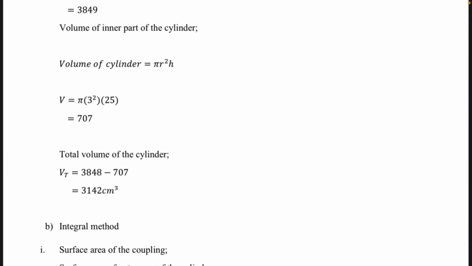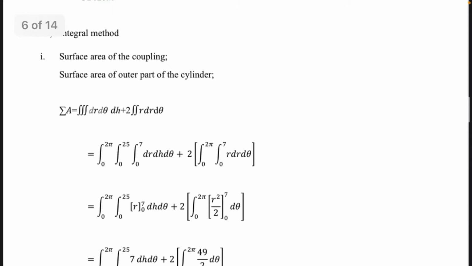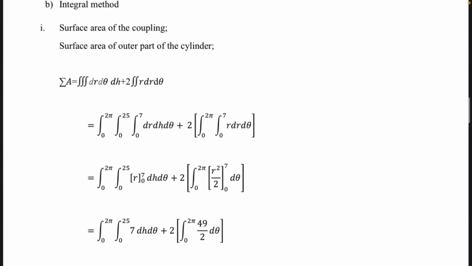Next is the integral method. The integral method has two integrals, which are the double integral and the triple integral. The double integral we will use to find the surface area of the coupling, using the formula total area equals integral dr d theta dh plus 2 integral r dr d theta.